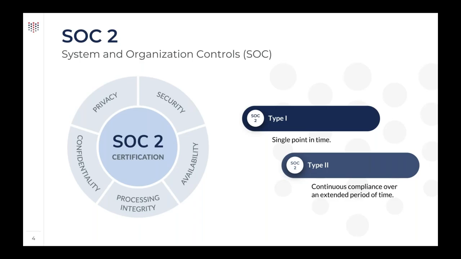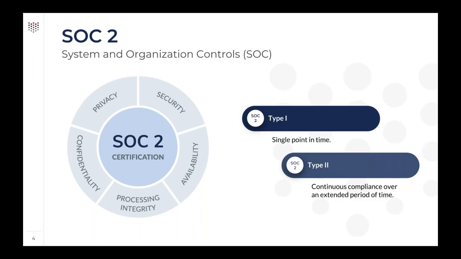We do that here at ThreatStack, where we're looking at not only the controls that are in place, but how effective they are over time, as we continue to evolve, adding new products, adding new parts to our platform. So that's really the difference between the two.